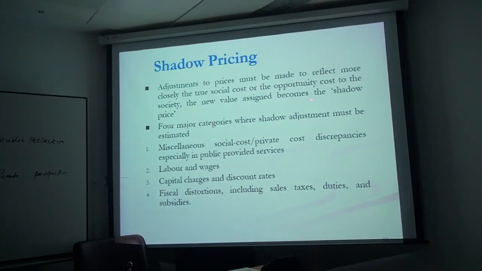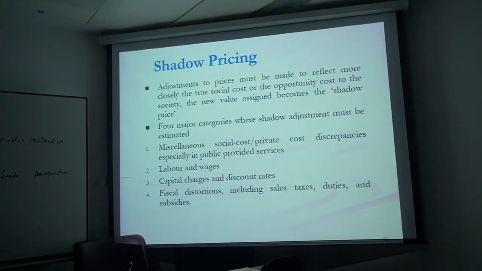The new value assigned becomes a shadow price, and we do these adjustments in four broad areas: miscellaneous social cost and private cost discrepancies, where there are big discrepancies, especially in publicly provided services; labor and wages; capital charges and discount rates; and fiscal distortions including sales taxes, duties and subsidies.